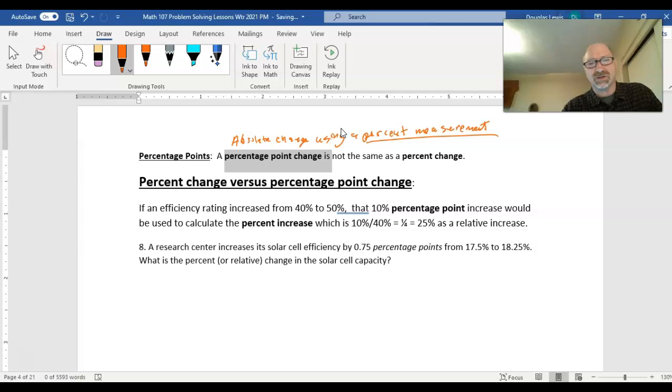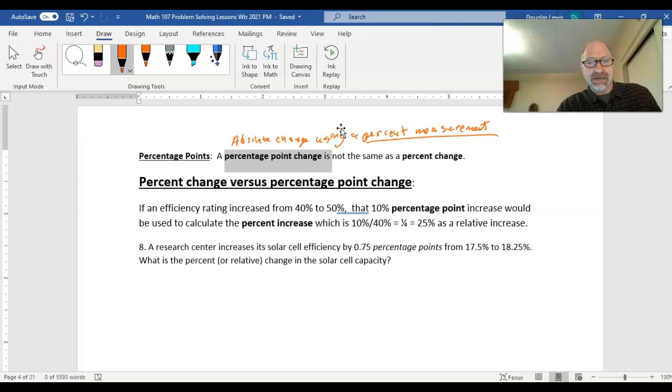When interest rates go from, let's say, 8% to 9%, that would be called a 1 percentage point raise, not a 1% raise. 1% of 8% is only 0.08%, so it will only increase from 8 to 8.08. But a 1 percentage point raise means if you start out with some percent, you add that percentage point onto it.